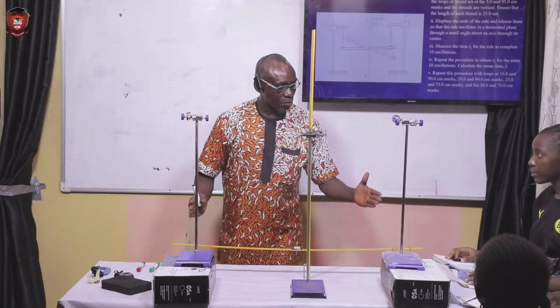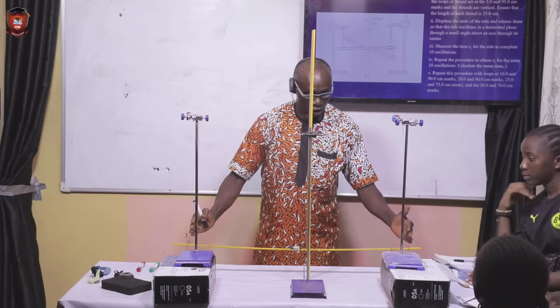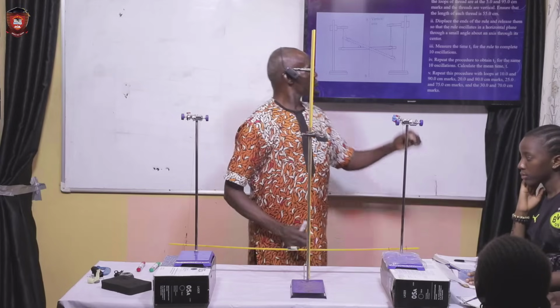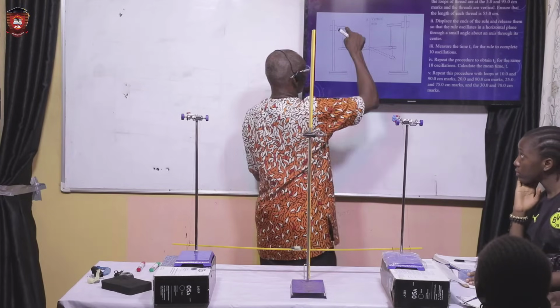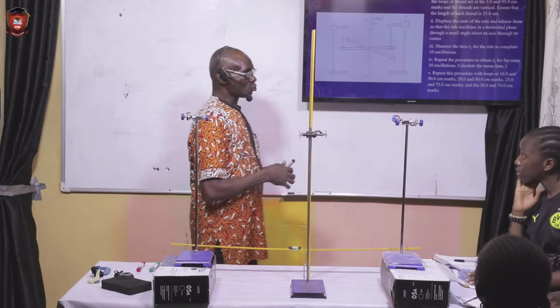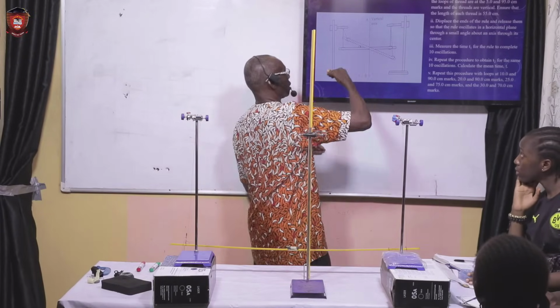If they don't want to maintain the shift in this meter rule, they will still ask you to retain this thread at 5, retain this at 95, and they will tell you to change the height, this height, gradually.